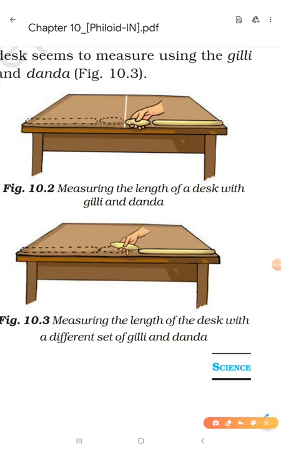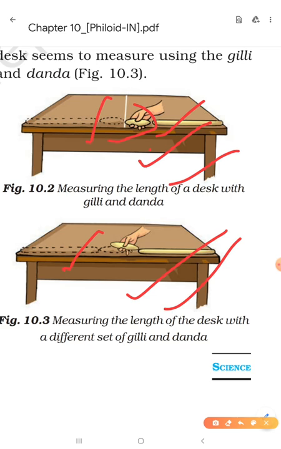Dear students, you can see there are two desks. We can see the length of this desk is equal to two gilli, two danda, and two gilli. But in this picture, the length of the desk is equal to two dandas and one gilli, because the lengths of the gilli and danda are different, and according to that we can measure the length of the desk.